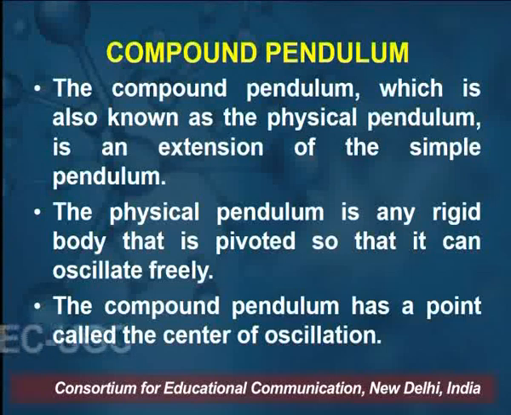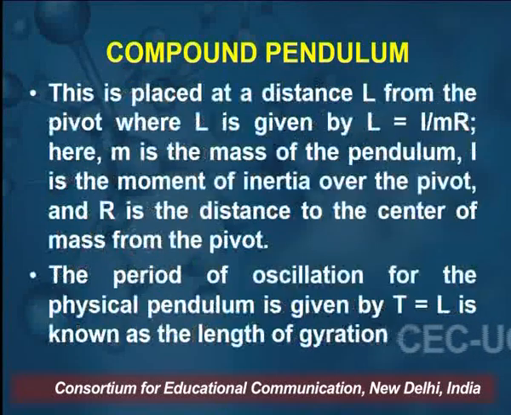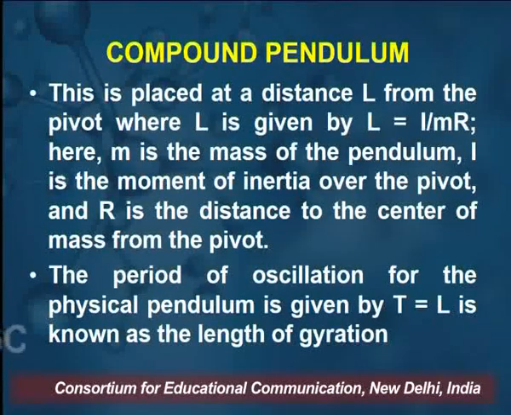The compound pendulum has a point called the center of oscillation, placed at a distance L from the pivot, where L is given by I divided by mr, where m is the mass of the pendulum, I is the moment of inertia, and r is the distance of the center of mass from the pivot. That is the starting point.